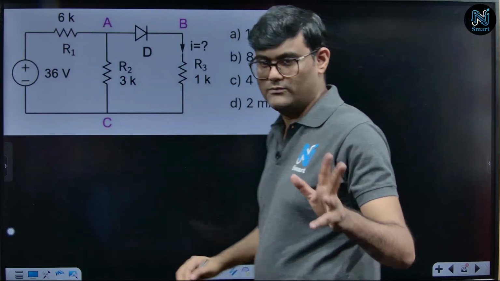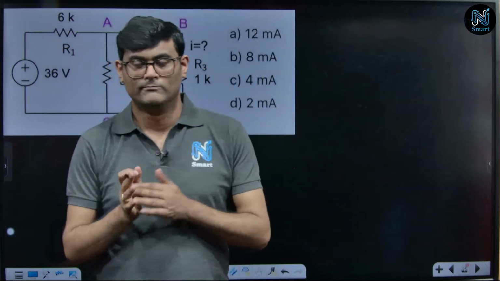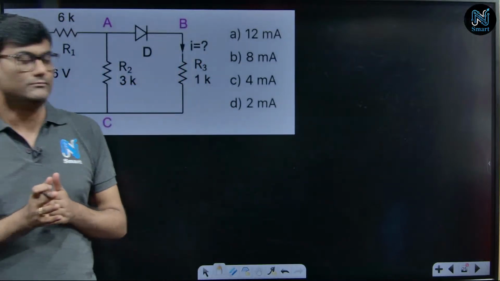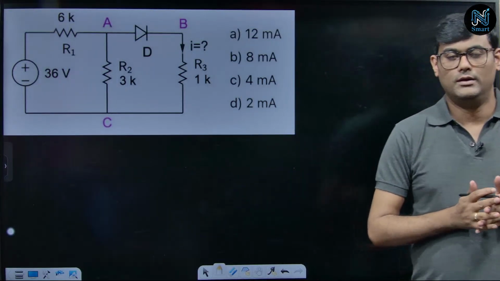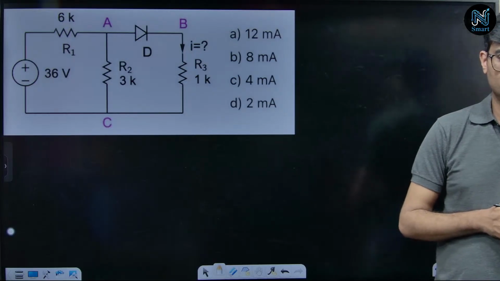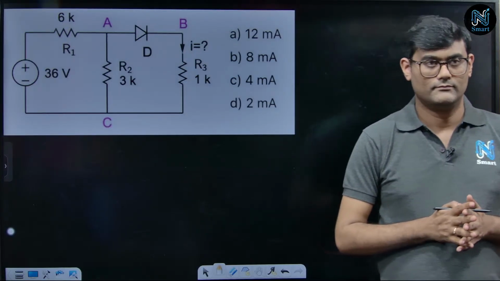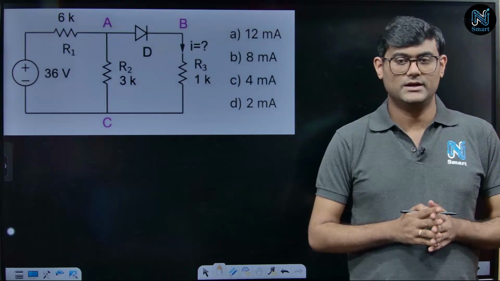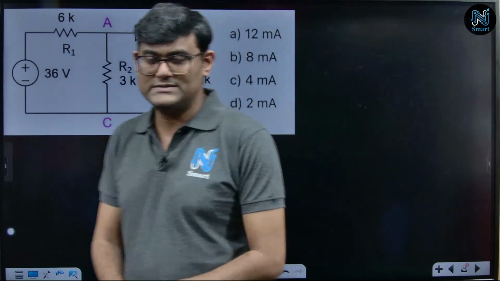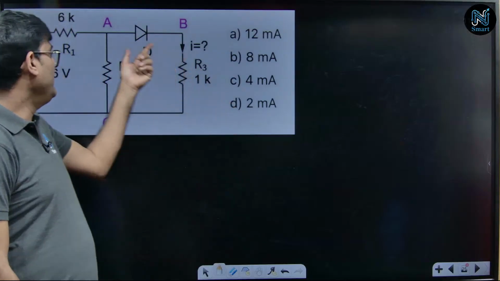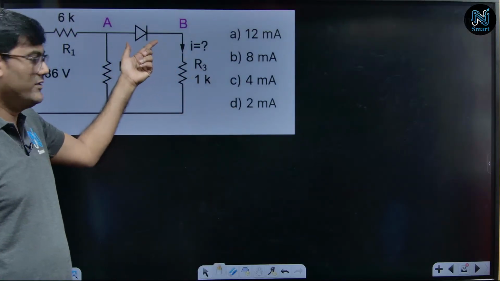এটাকে আরেকবার সলভ করব, উইল গো অ্যাগেন. Okay, so in this circuit we have to first understand whether this diode D is in forward biased or reverse bias mode.